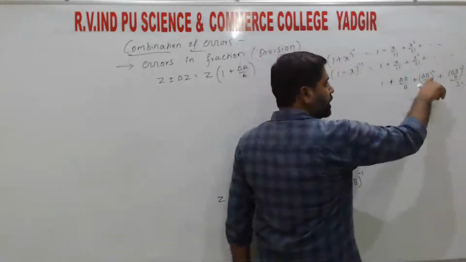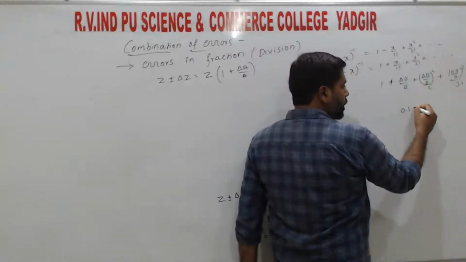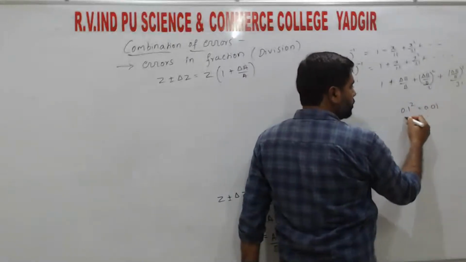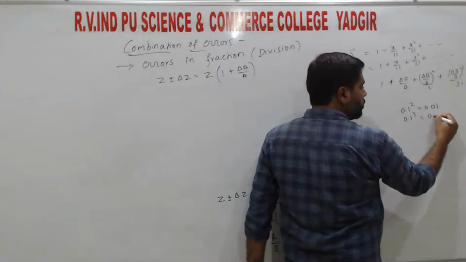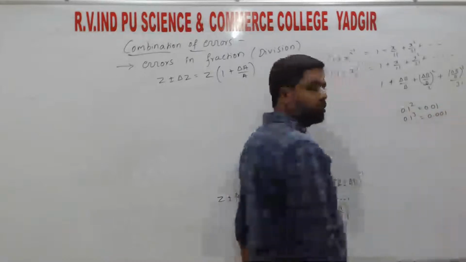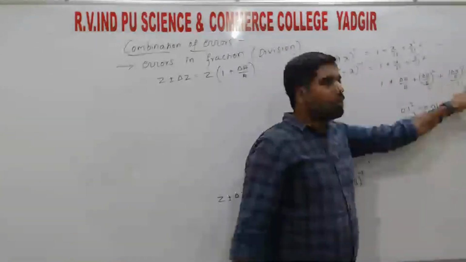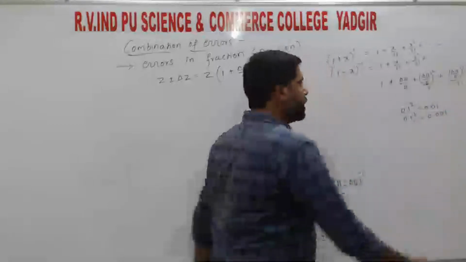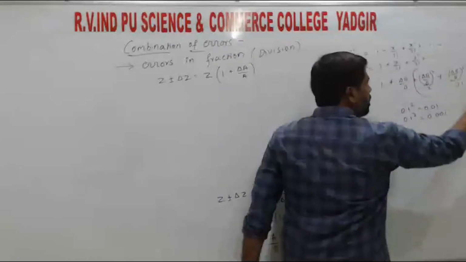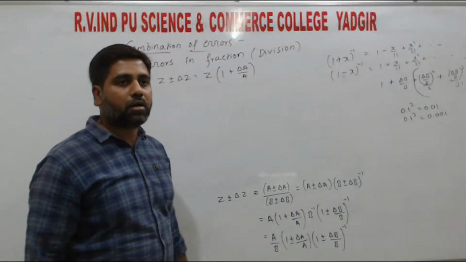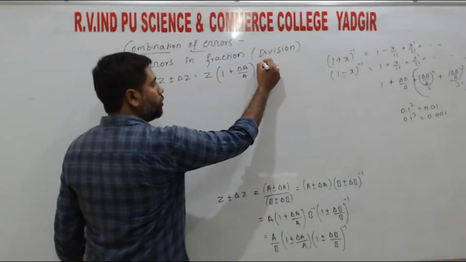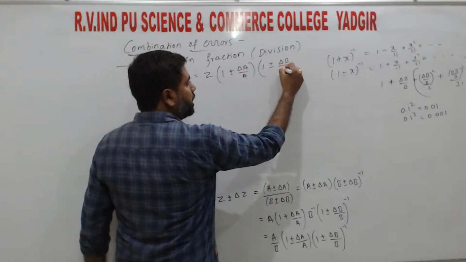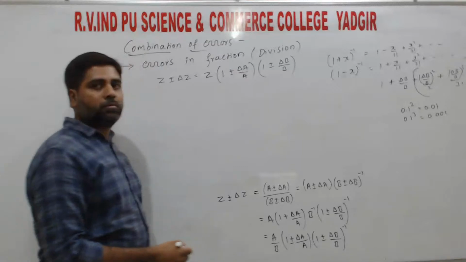So that means delta B square, so 0.1 square is 0.01, 0.1 cube is 0.001, right? So higher order powers, the values keep getting lesser. So we can neglect the higher order terms. So from that we can write 1 plus or minus delta B divided by B, right?